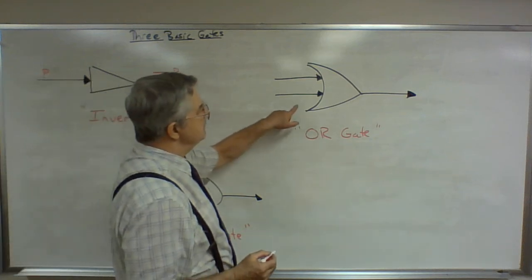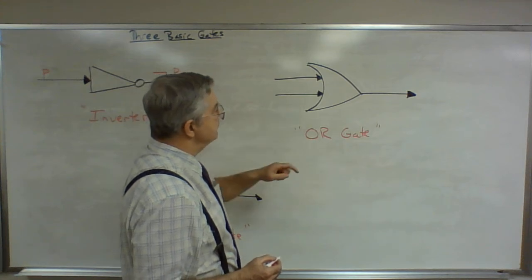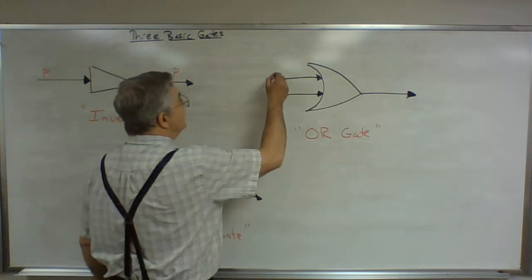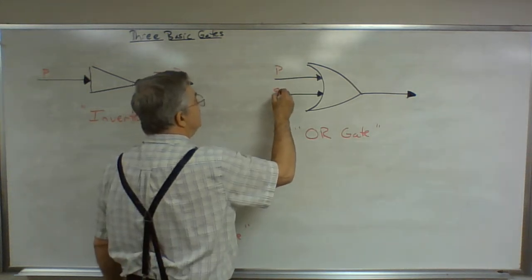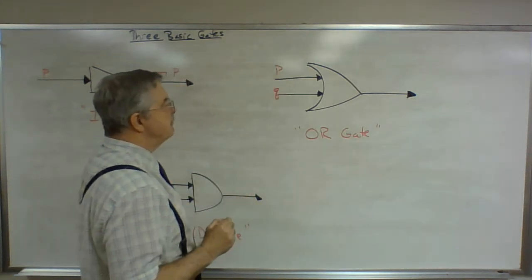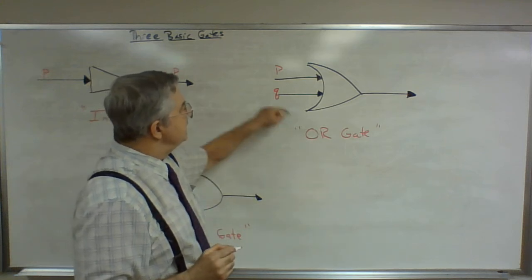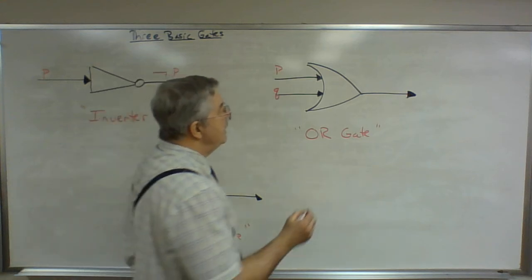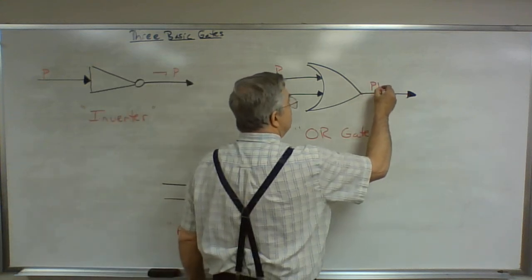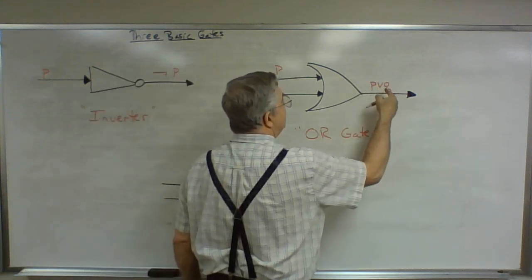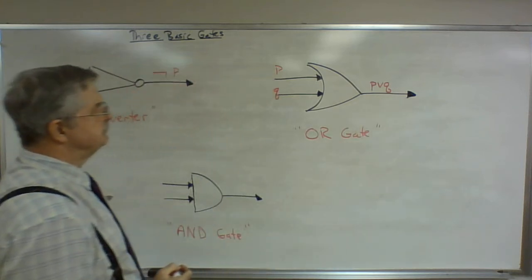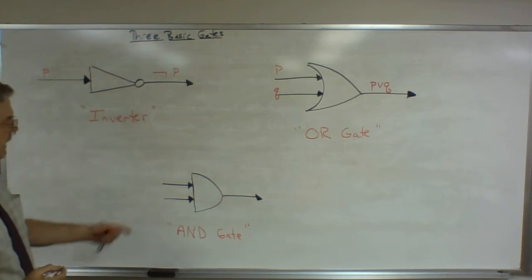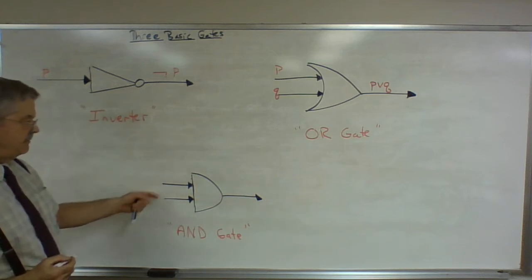Here's the second gate, the OR gate, and it has 2 signals as input. So we'll call those signals P and Q. And the OR gate takes the signals P and Q, and as output, it delivers the signal P or Q. And then finally, we have the AND gate.